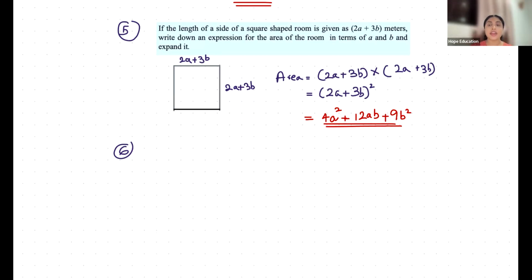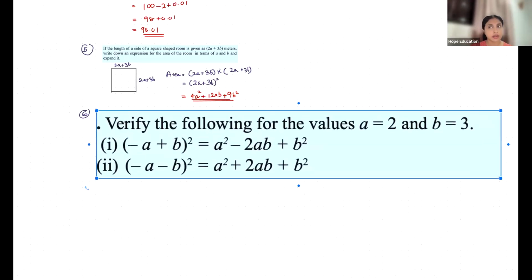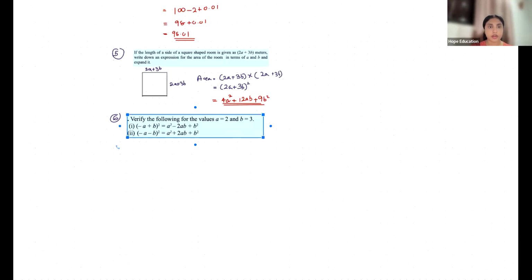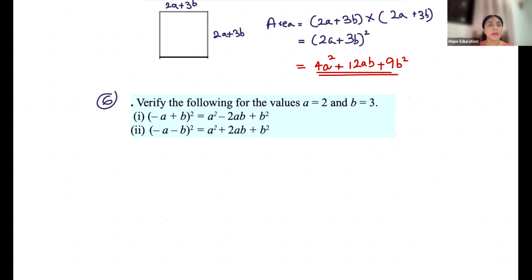Now they're asking us to verify. I have already taught you how to do the verification. How to do verifying, I have taught you already, no? Last week, I think we learned this. So, one second. Okay. So, Roman number 1.